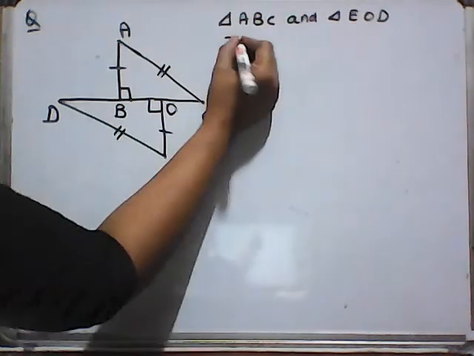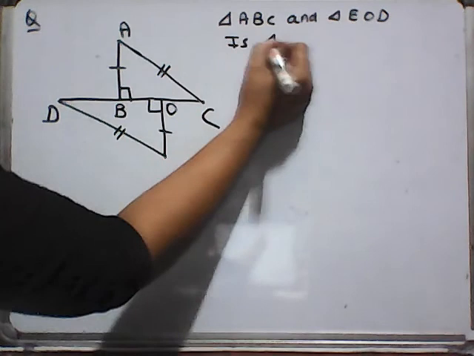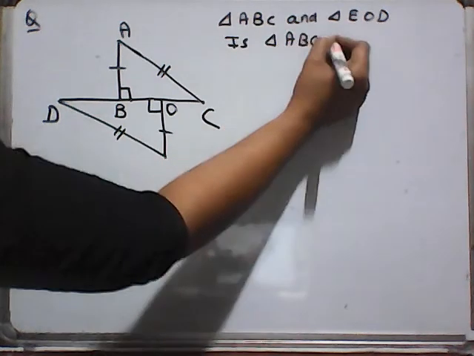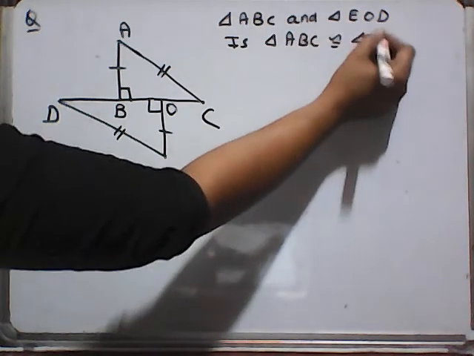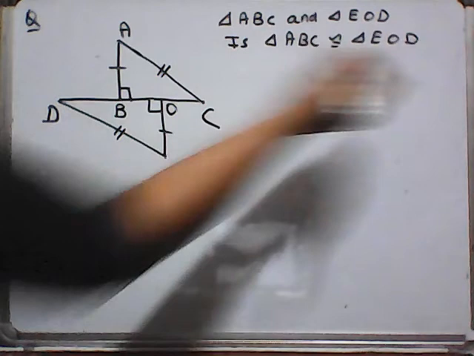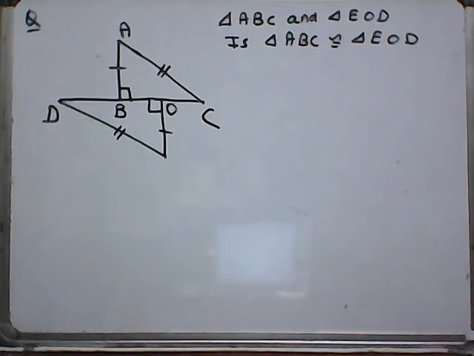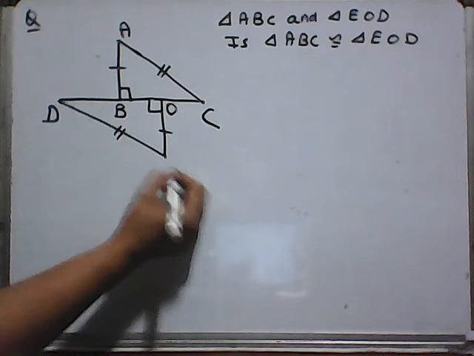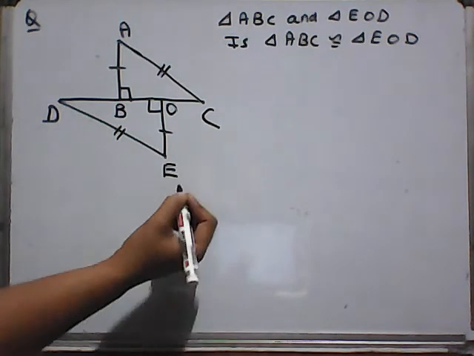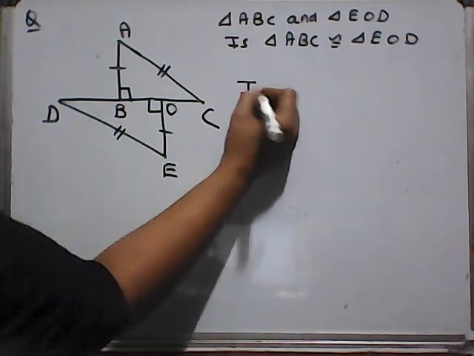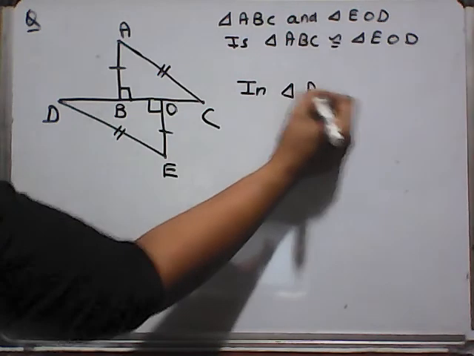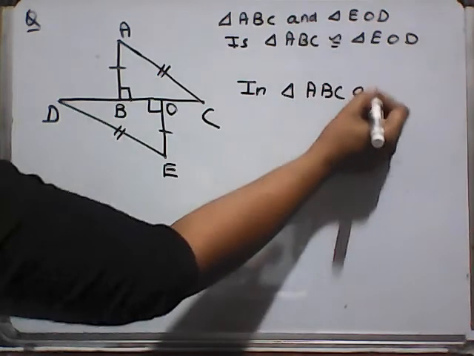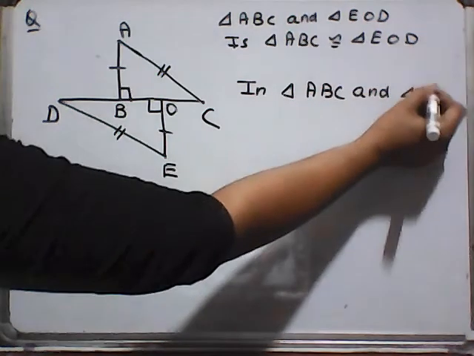And you have to check whether triangle ABC is congruent to triangle EOD or not. Firstly, you have to check out the three equal pairs in these two triangles, ABC and EOD.